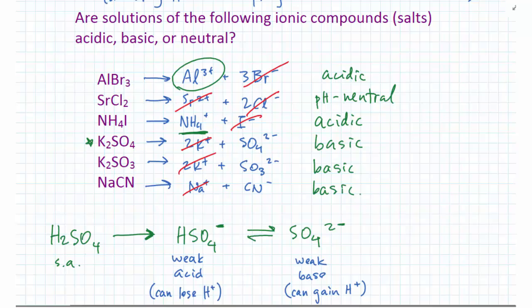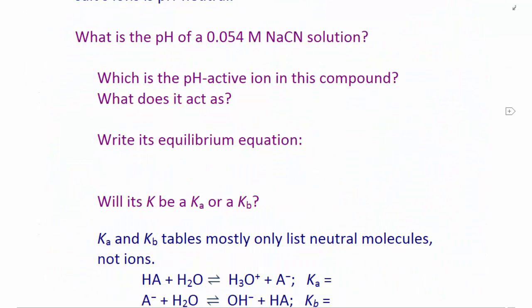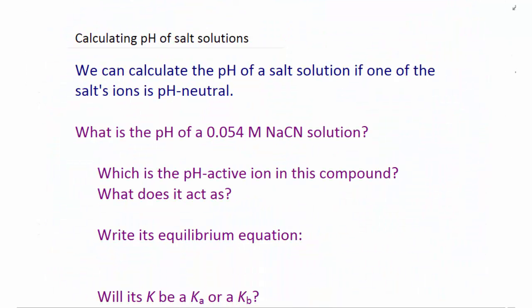So if the problem is a sodium cyanide solution, we're not going to set up our equilibrium table with sodium cyanide. We're going to set up our equilibrium table with CN minus, the active ion that's actually going to do something. Okay? So let's try it.